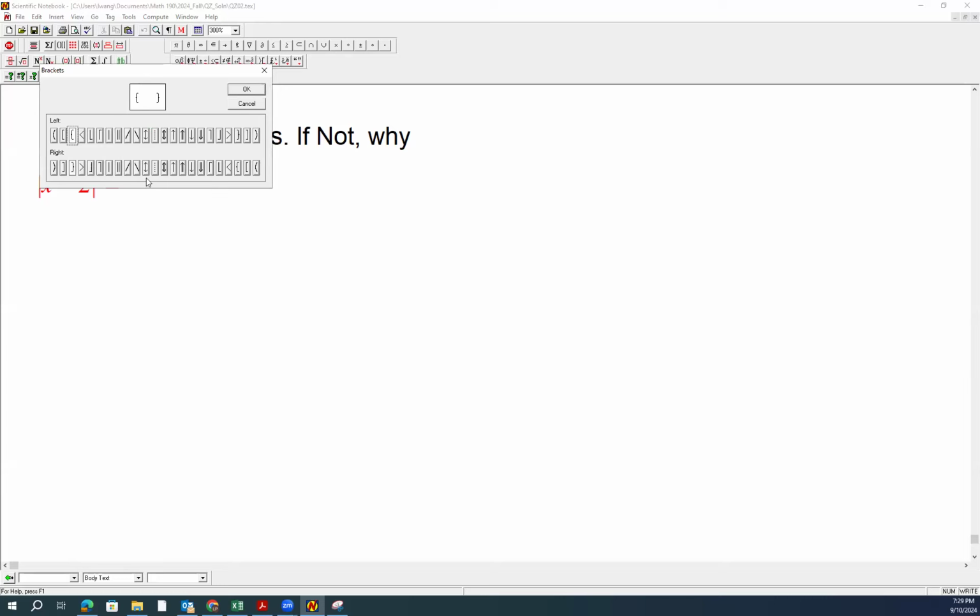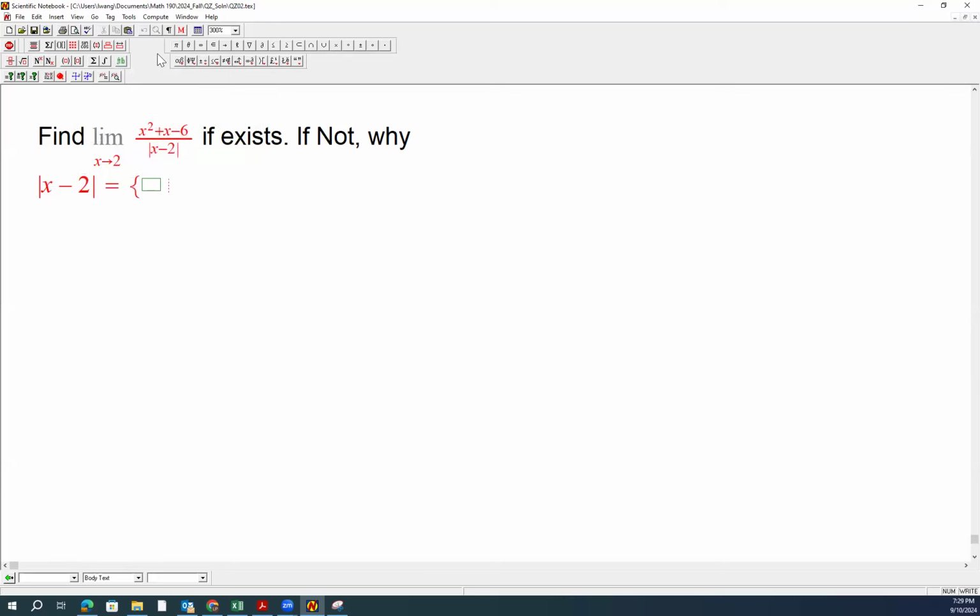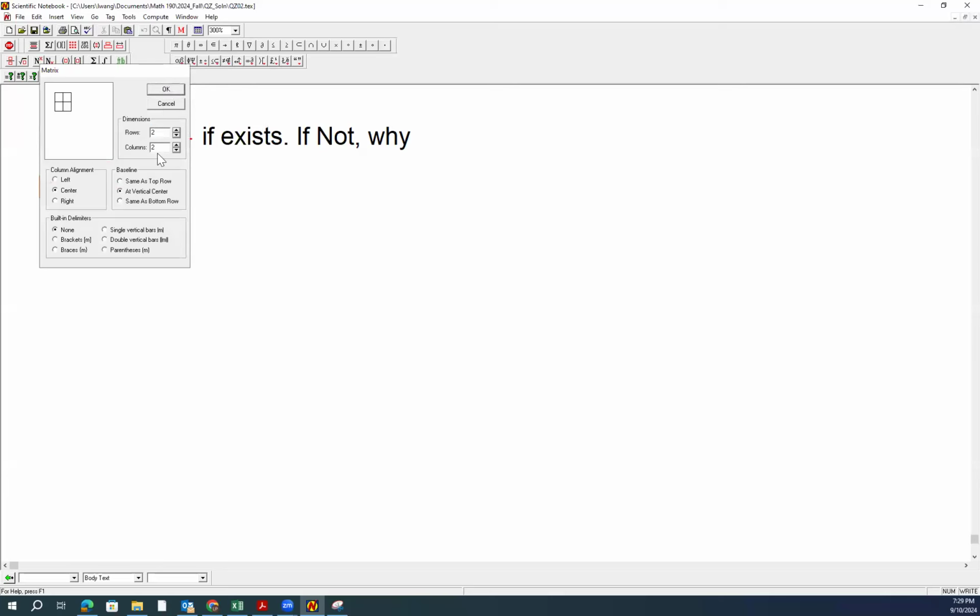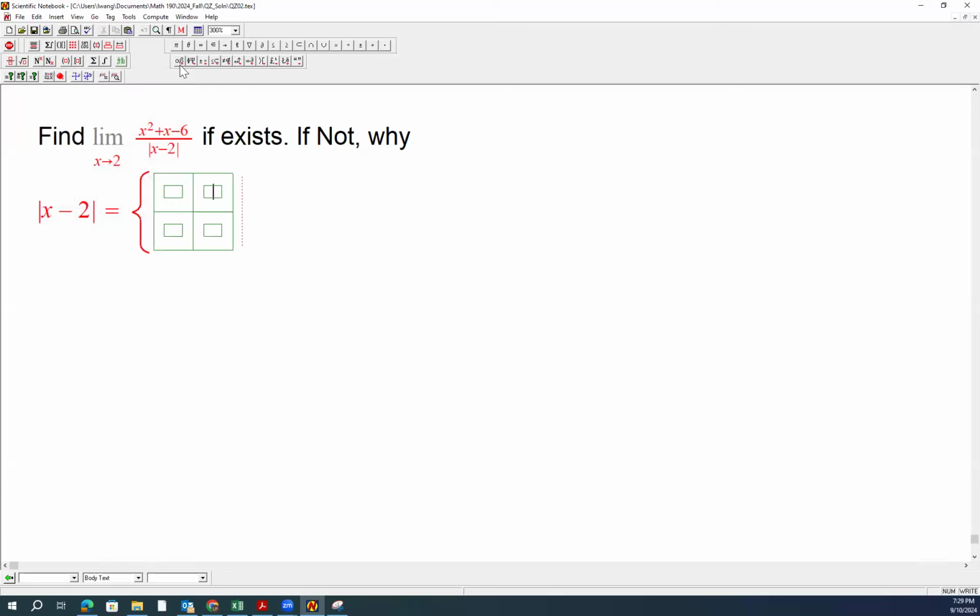There are two pieces. For these two pieces, if x minus 2 is larger than or equal to 0, then that means x minus 2 is positive or 0. The absolute value of a positive number or 0 is the same.